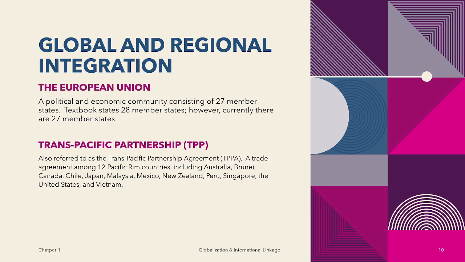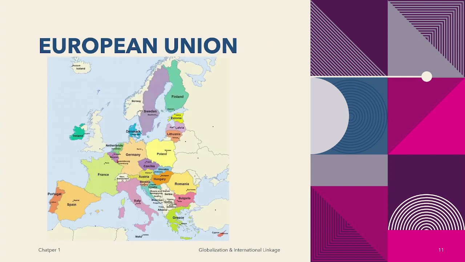There's another one. It's called the European Union, and this is a political and economic community in Europe consisting of 27 member states. Now, the textbooks state that there's 28 member states, but I did some research. I think there's only 27 member states. I may be wrong on that, but it's 27, 28 member states. And it is specifically for those countries in Europe.